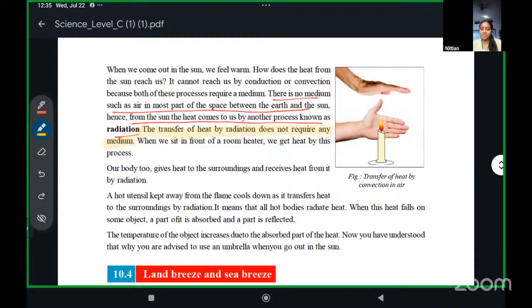It can just burn us directly. So that is radiation. Whereas an air conditioner needs molecules, because the circulation of air is taking place. That is why AC is an example of convection, and the Sun is an example of radiation.